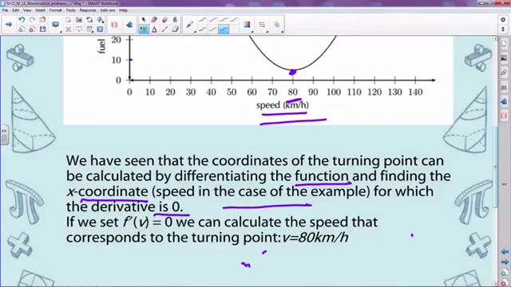Remember, when your derivative is equal to 0, in terms of graphs, you're finding the stationary point. So if we set the derivative equal to 0, we can solve for the value of v that will give us the minimum fuel consumption.